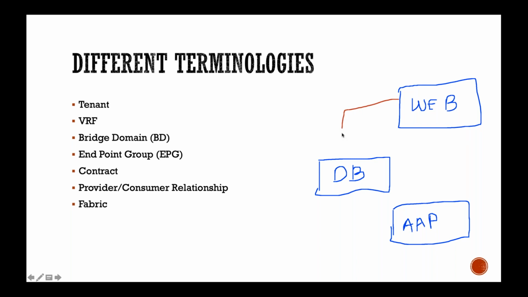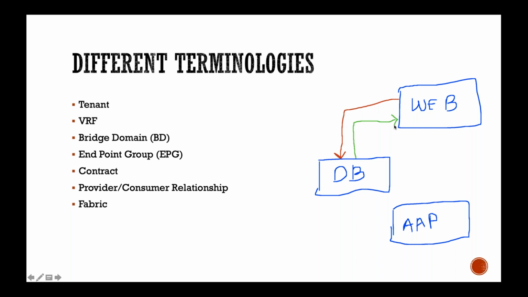Web server can be a provider to the database, and the database will be the consumer for the web server. Don't think much on this part. We are going to discuss it in much more detail when we do the demo of the contract, how the provider and consumer relationship looks. So one BD will be a provider to the other BD, and that BD will be the consumer from that BD.